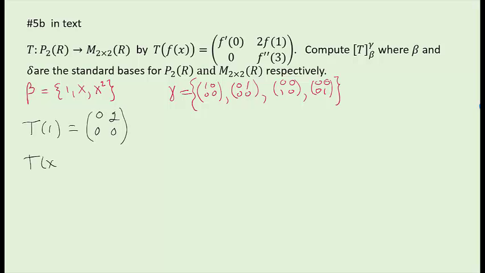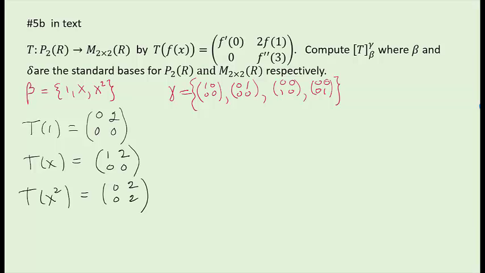T of x is, and you check this, (1, 2, 0, 0). T of x squared is equal to (0, 2, 0, 2). So we have found the image in M of the basis vectors.